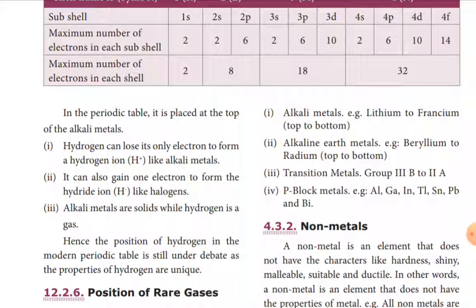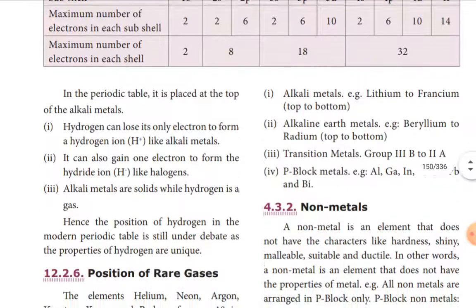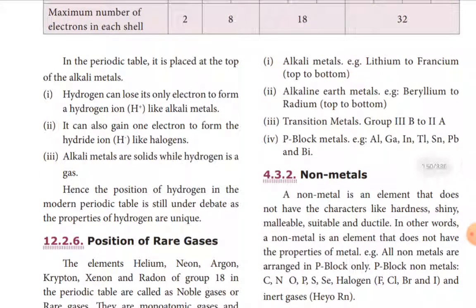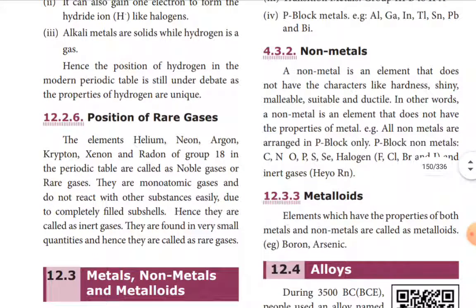Alkali metals are solid while hydrogen is a gas. That is the only difference. Hence the position of hydrogen in the modern periodic table is still under debate, as the properties of hydrogen are unique.